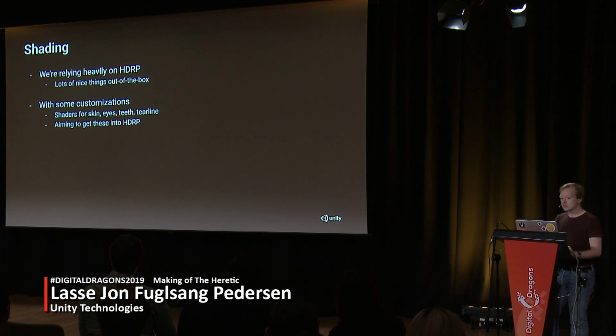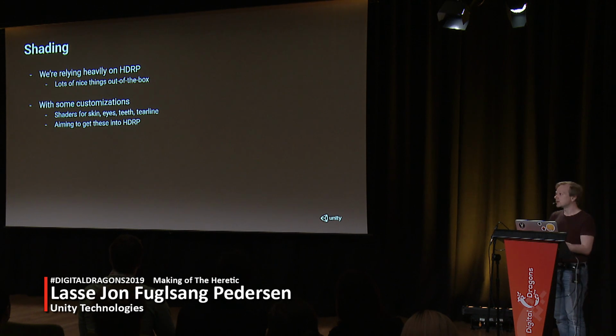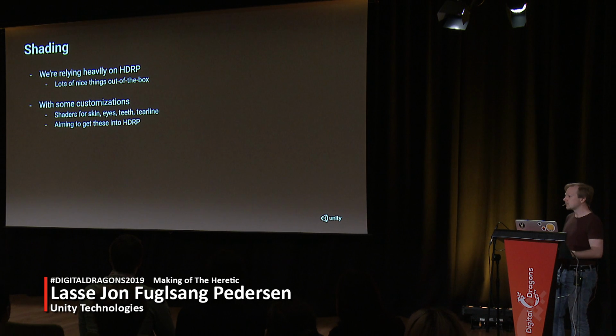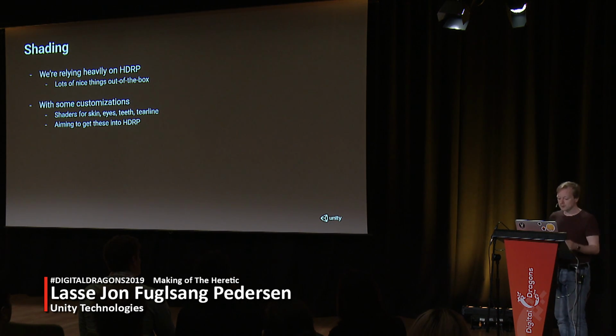And it brings us lots of nice things out of the box that we didn't have to do in this demo, as Robert also mentioned. So we have really nice subsurface scattering from there based on a Disney Burley approach. There's also screen space reflections, physically based lighting, all sorts of nice things that you've come to expect today.